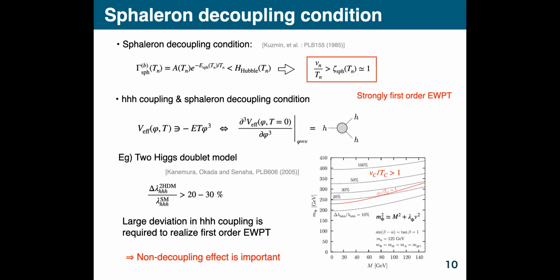On the other hand, the triple Higgs boson coupling, as we confirmed, is proportional to the v over T. Therefore, in order to realize a large v over T, in general, the triple Higgs boson coupling is also large.